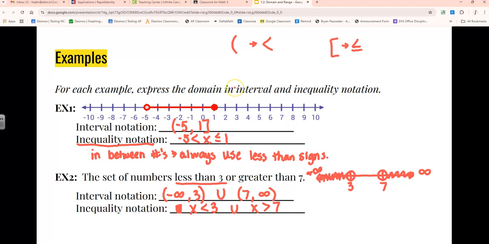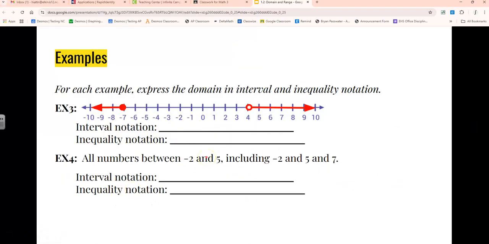Okay? Questions there? That's just some of the mechanics of how to give our answers. Now let's start looking at some domain and range. What's happening there? Actually, try these two on your own. Try these two.